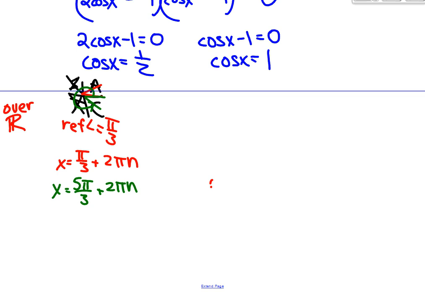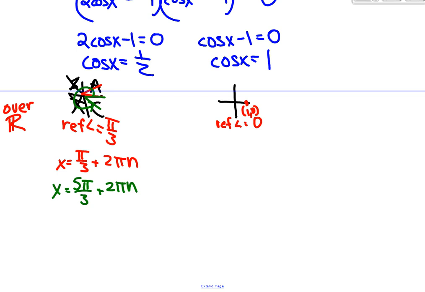Then over here, when cosine x equals 1 for this one, when is the cosine equal to 1? At 0. And so that point is 1, 0. And so our reference angle is equal to 0.